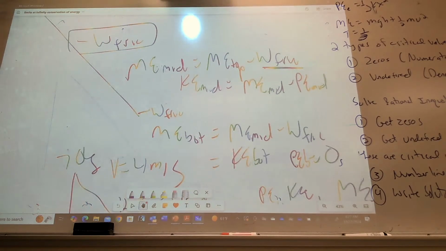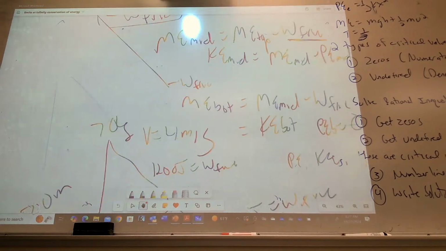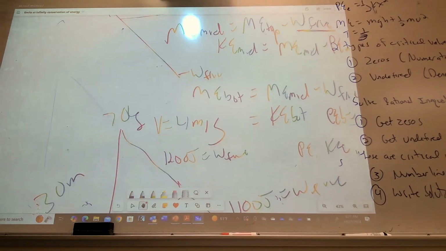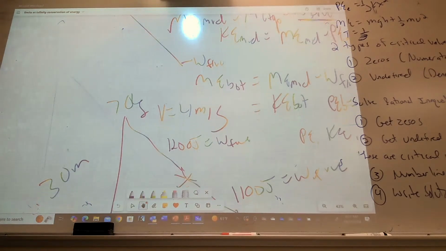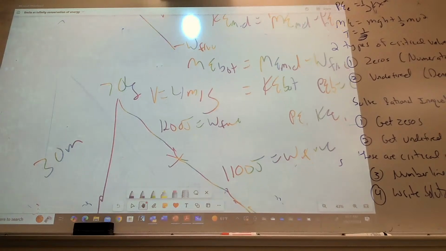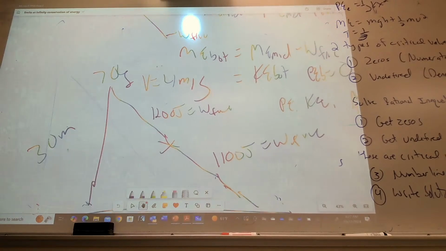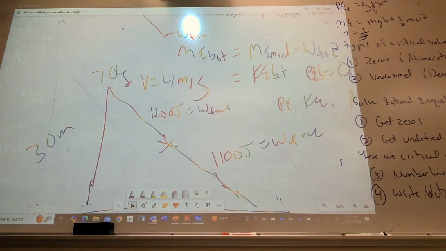All right, let's do one where we start from scratch. A 70 kilogram mass is pushed at 4 meters per second. It is on an incline 30 meters up. There's 1,200 joules lost to friction in the first half, 1,100 joules lost to friction in the second half. I want to know the whole thing at the top, the middle, the bottom.